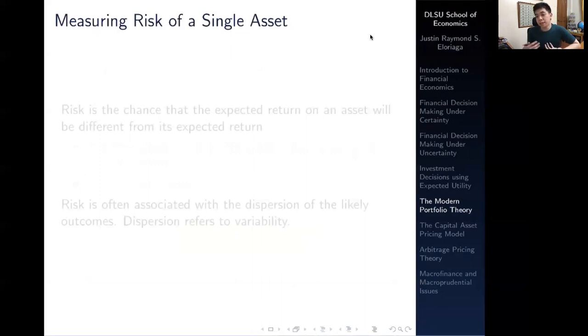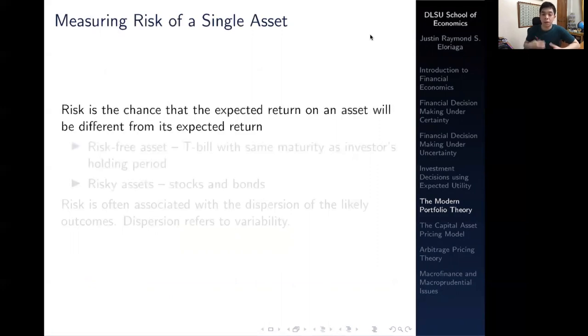So a key concept in modern portfolio theory is essentially measuring the risk of a particular asset. And risk is the chance that the return on an asset will be different from its expected return. So we have two types of assets based on their riskiness.